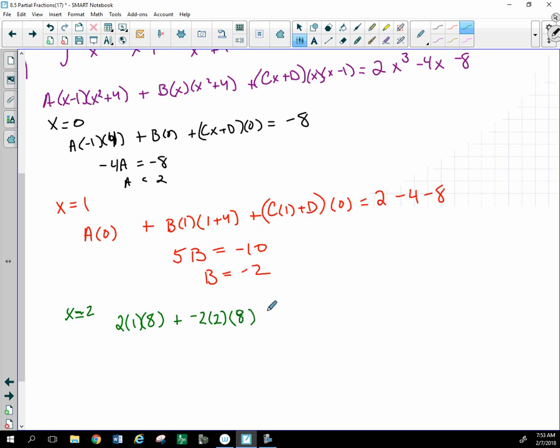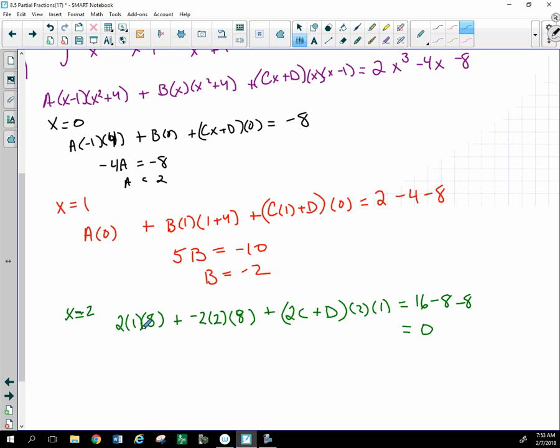Over here for the cx plus d, it's going to be 2c plus d times, if I put 2 in, times 2 and times 1. Then over here I end up with 2 cubed is 8, 8 times 2 is 16, so 16 minus 8 means that this thing is 0 over here.